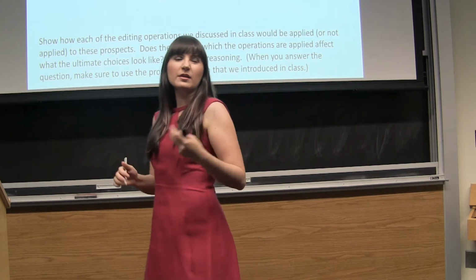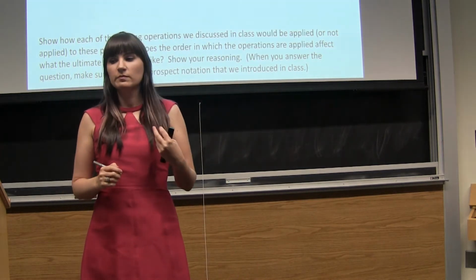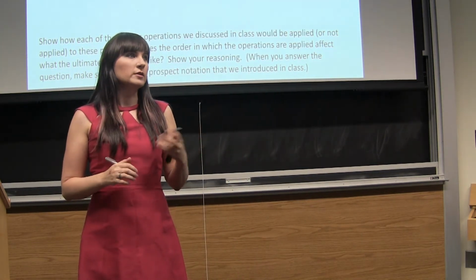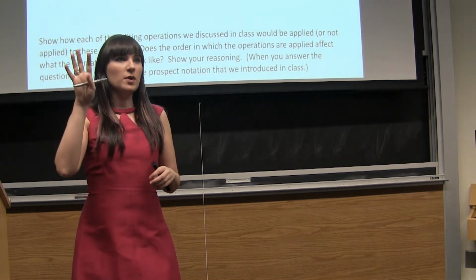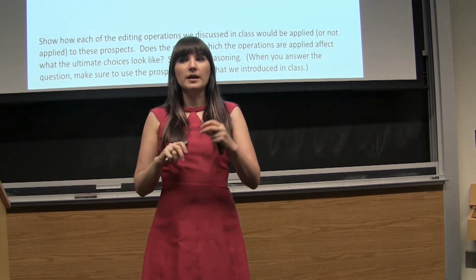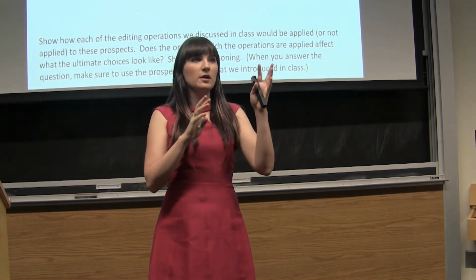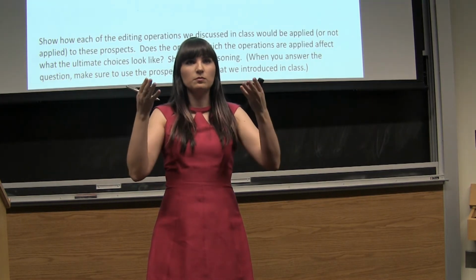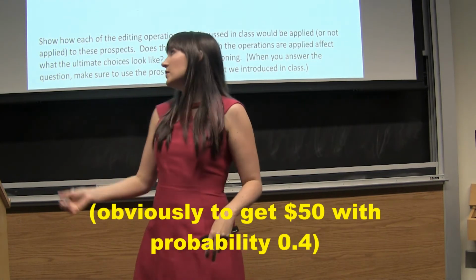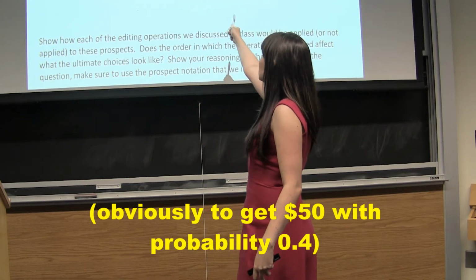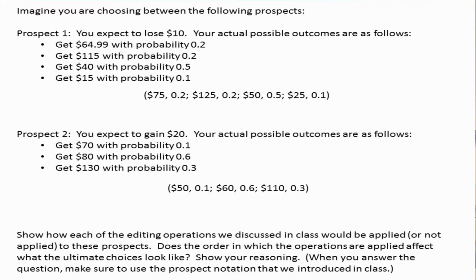We said the combination was sort of a no-brainer: if I get $50 with probability 0.1, and then as a separate outcome I get $50 with probability 0.3, just put those together. And we can say there's not really any of that to be done here. Doesn't seem like there's anything specifically to cancel yet, right?